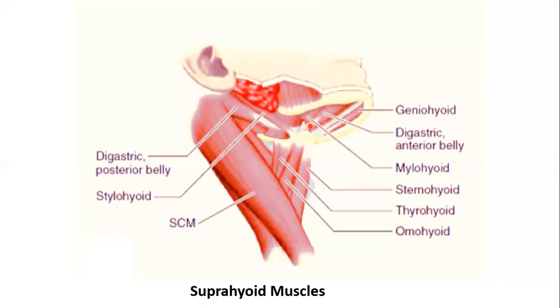Now the attachments. The mylohyoid arises from the mylohyoid line of the mandible. Its insertion is into the mylohyoid raphe and the body of the hyoid bone.